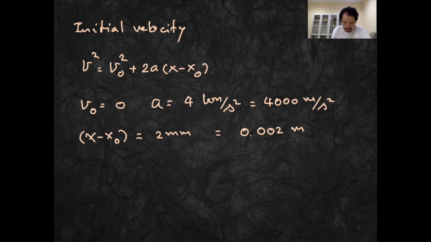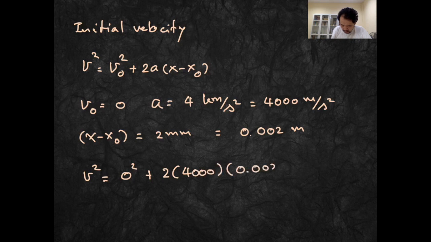Now we have that v squared is equal to 0 squared plus 2 times 4,000 times 0.002, which equals 16 meter squared per second squared, right, because 4,000 times 0.002 is 8, and 8 times 2 is 16.